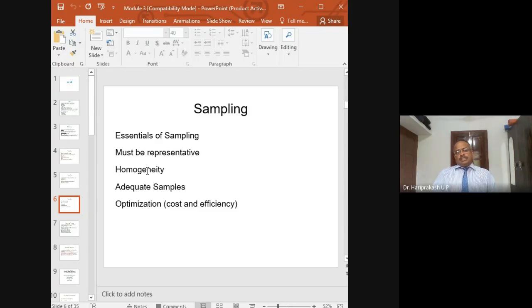Adequate samples: you need to have a sufficient number of samples. Optimization: the money that you spend and the efficiency of the sample should be matched, that is optimum, that is optimization.